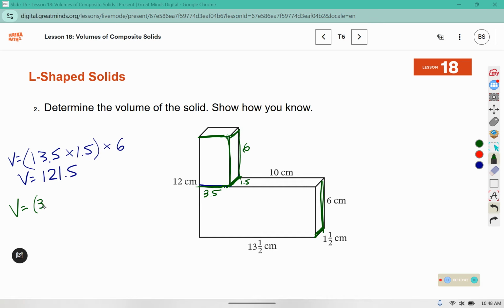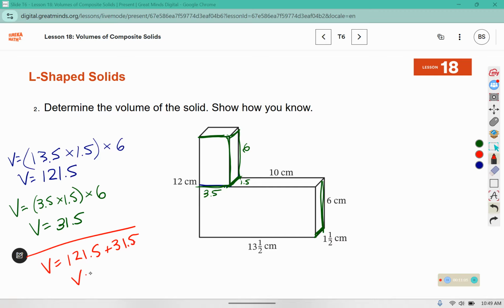So the base area would be 3.5 by 1.5, and the height is 6, which is a volume of 31.5. So the total volume is 121.5 plus the 31.5, which is 153 centimeters cubed.